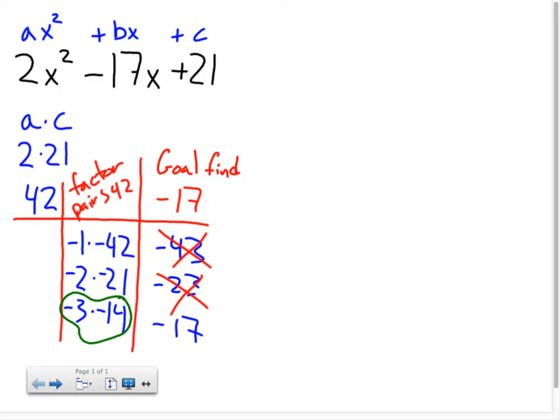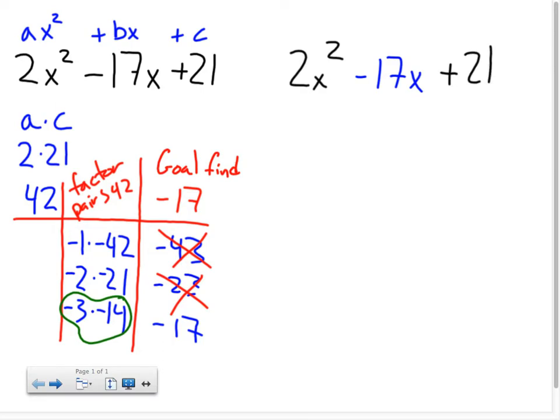What that's going to allow us to do is to split the b term up in the original problem. It's going to allow us to split that negative 17 into two terms. So I'm going to rewrite the original over here. It's 2x squared minus 17x plus 21.